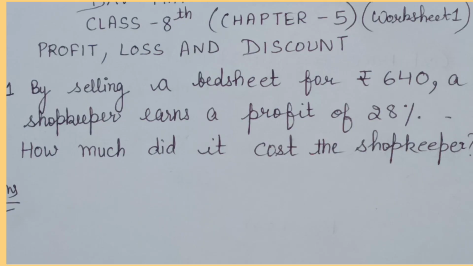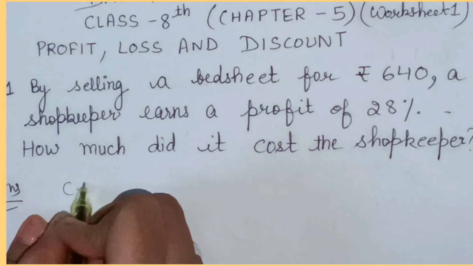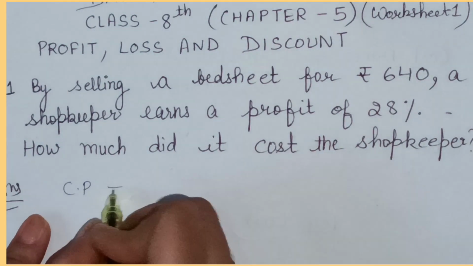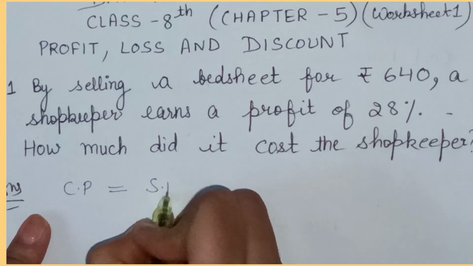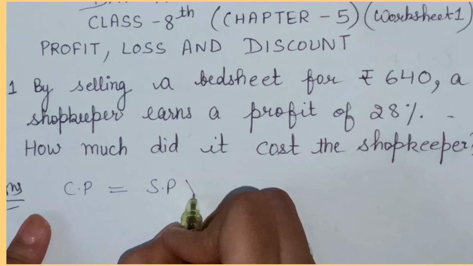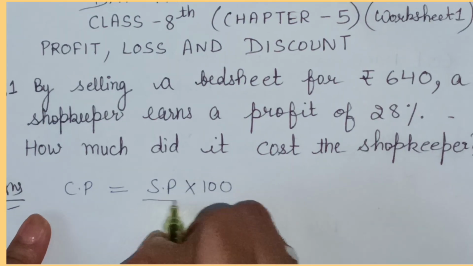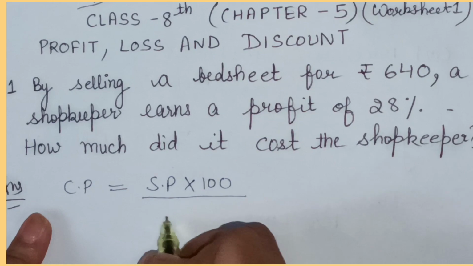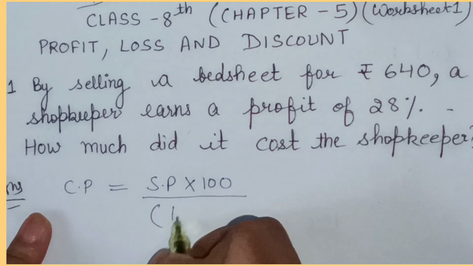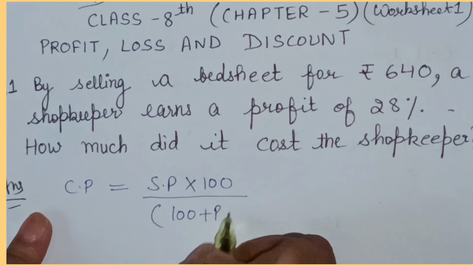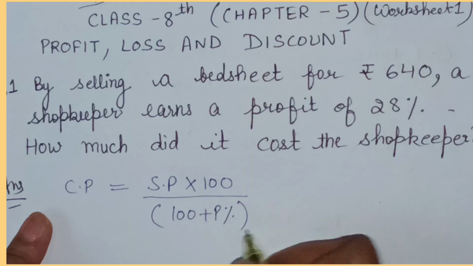So for profit we apply this formula: CP, means cost price, is equal to selling price, means SP, multiplied by 100 upon 100 plus profit percent. Here P means profit.